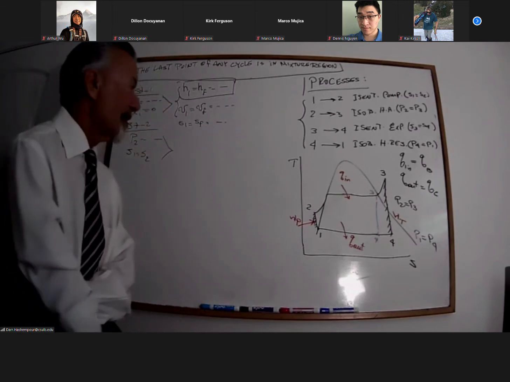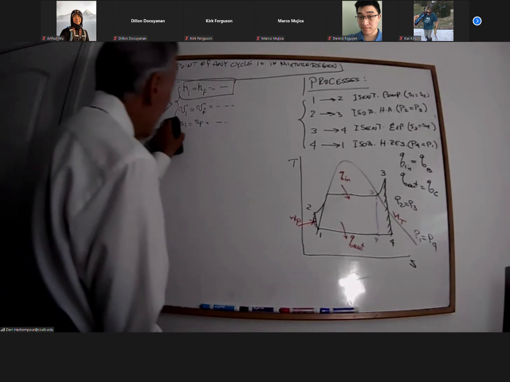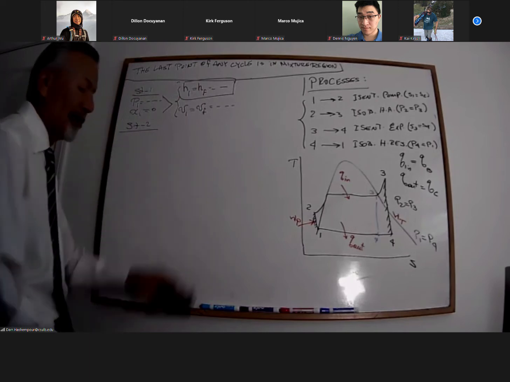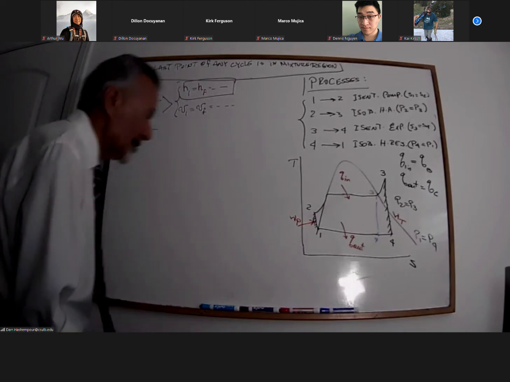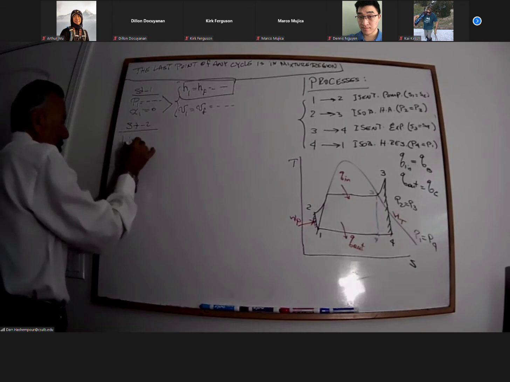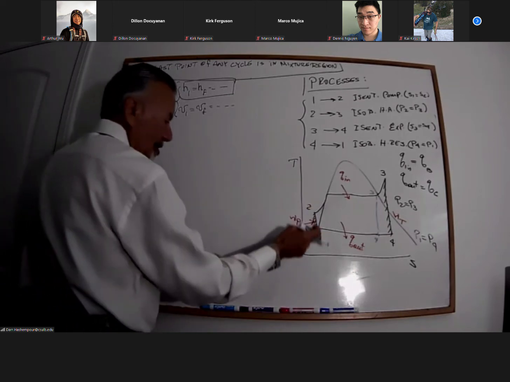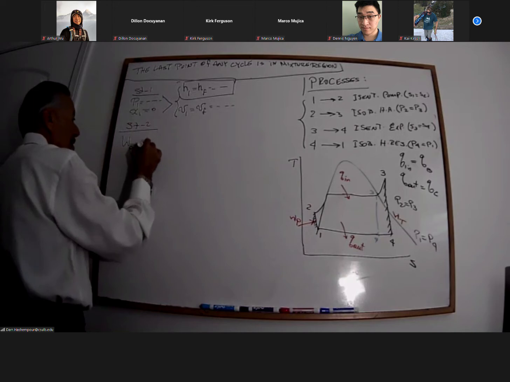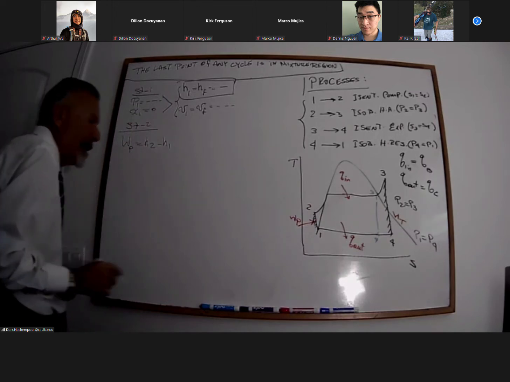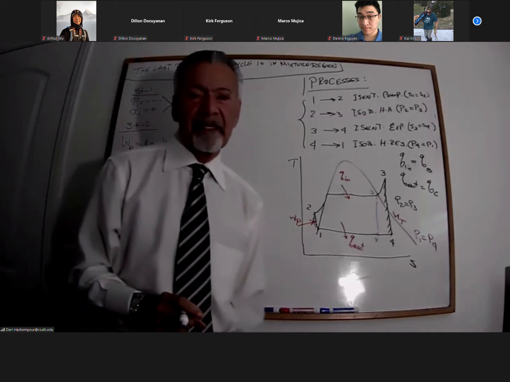Why should I do that? As an engineer, we need to find an easy way out. What is the easy way out? I write work of a pump is delta H, that is H2 minus H1. Then I go back to my fluid mechanics.